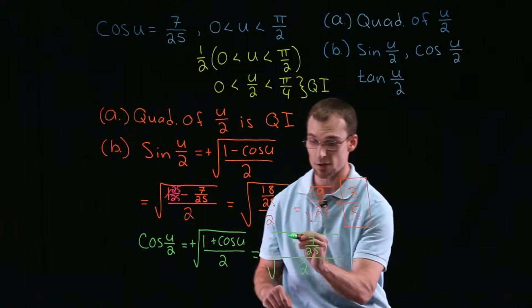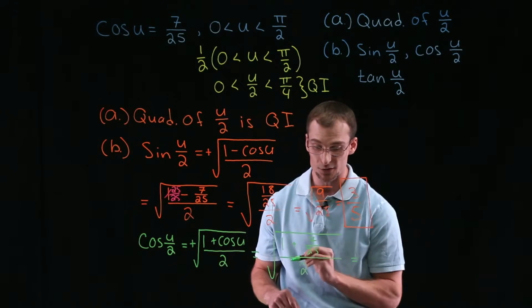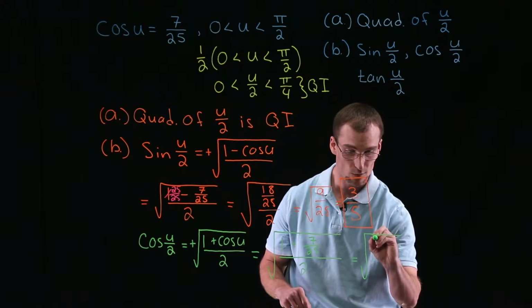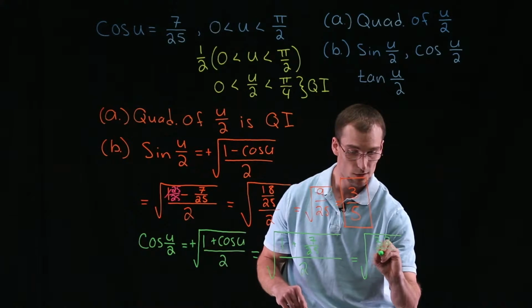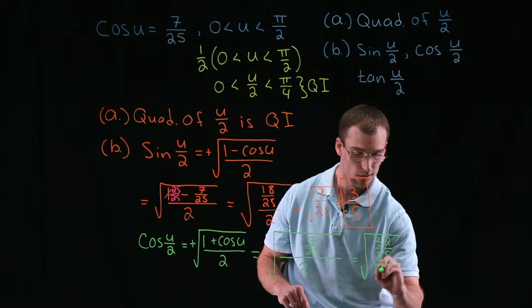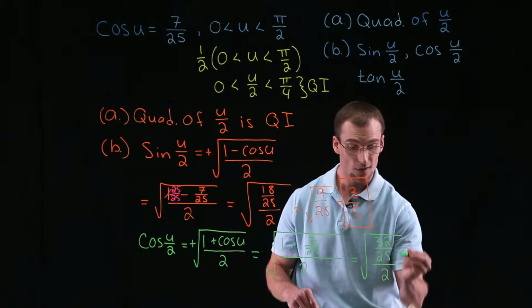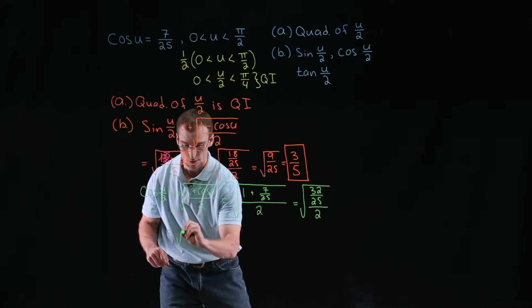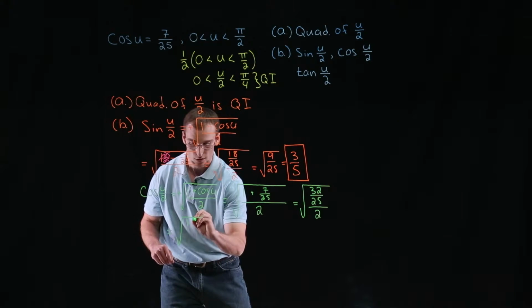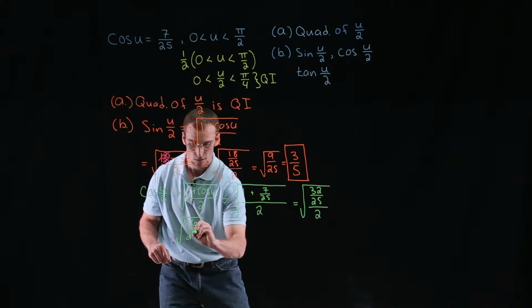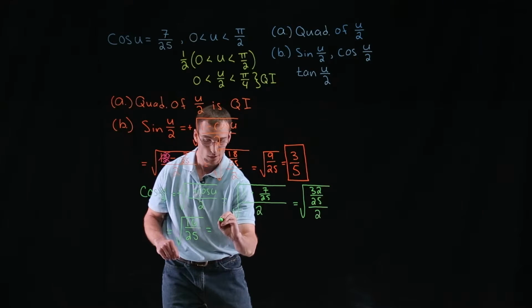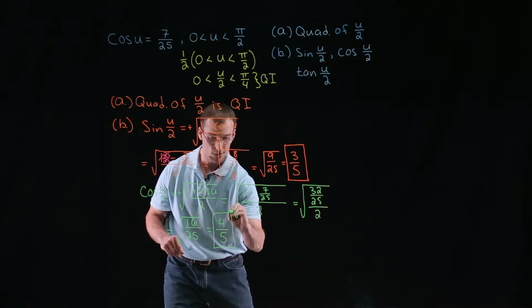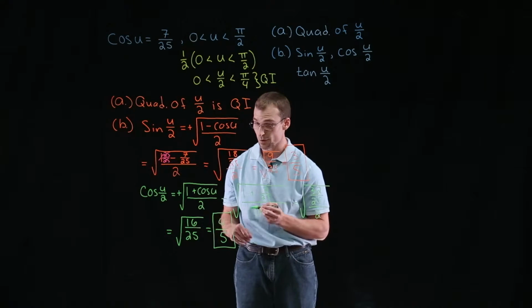Doing the same trick, we think of this as 25 over 25 plus 7 over 25, which gives us the square root of 32 over 25 divided by 2. Dividing the numerator by 2, this is equal to the square root of 16 over 25, or 4/5. And that's the cosine value of u over 2.